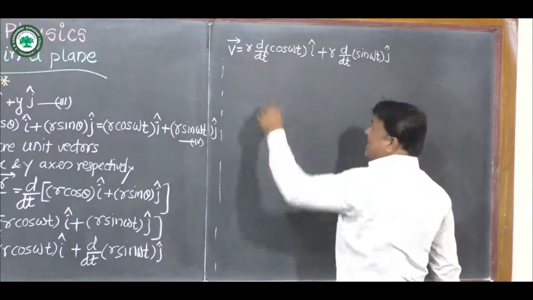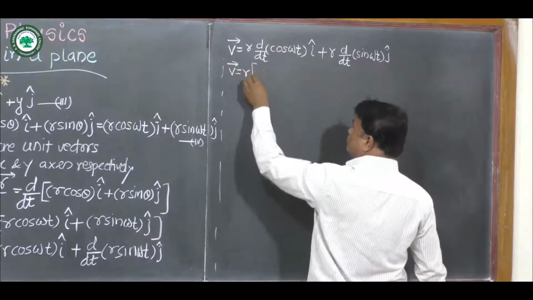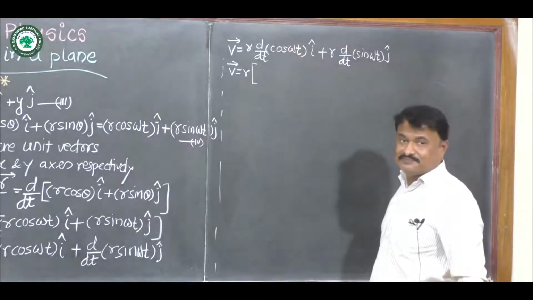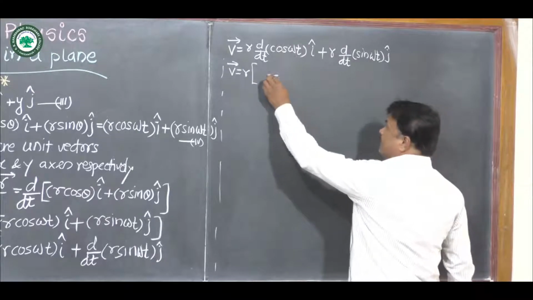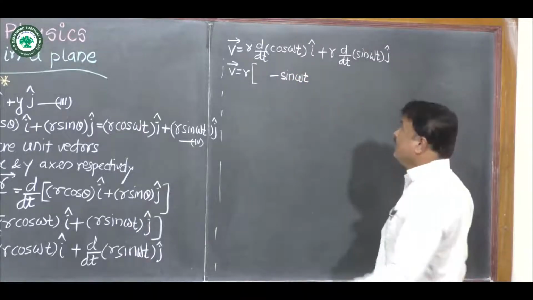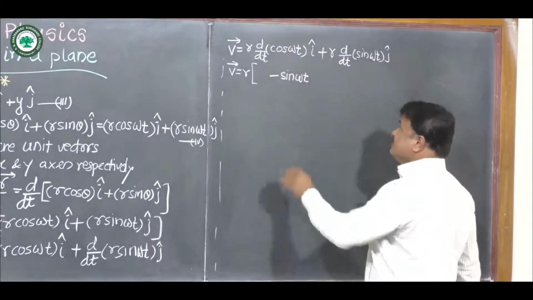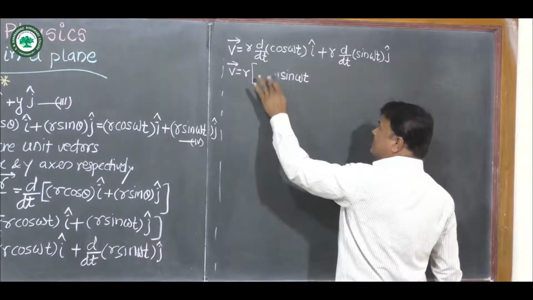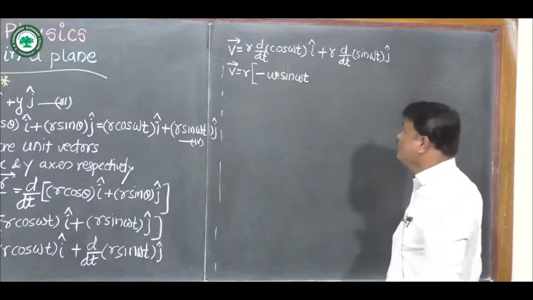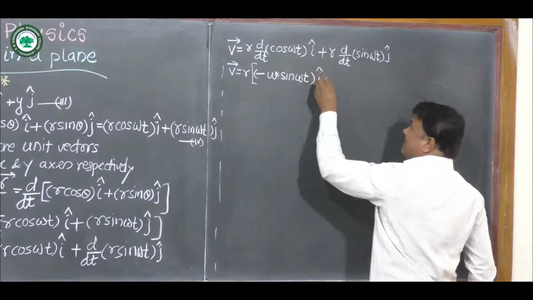Now we take r common, then we write vector v is equal to r into, now derivative of cos is minus sin, so we write minus sin omega t. Again we take derivative of omega t with respect to t, which is omega, so we write minus omega into sin omega t into i cap.